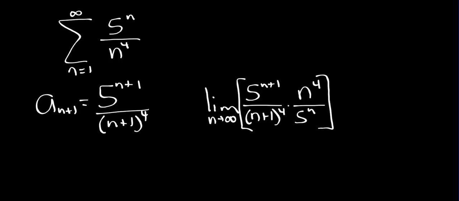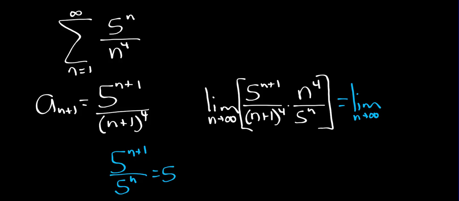Well, let's see what we have then. As far as the fives go, we have 5 to the n plus 1 over 5 to the n. Well, that's just 5. So we have the limit as n goes to infinity of 5 times n to the fourth over n plus 1 to the fourth.